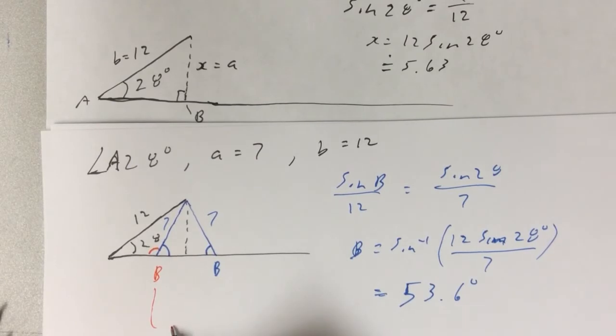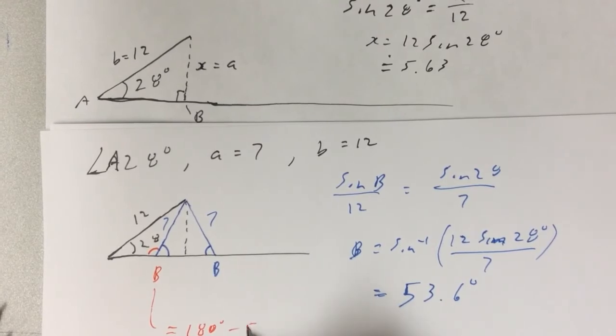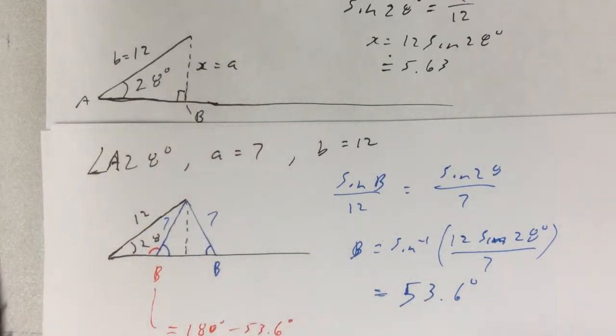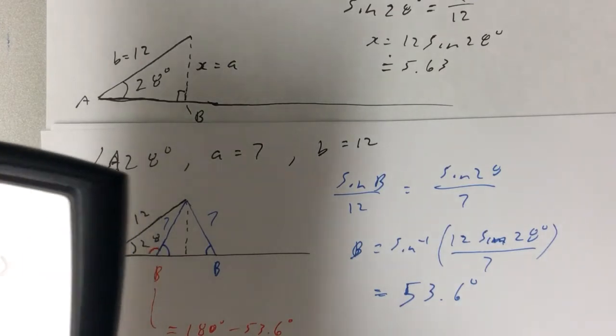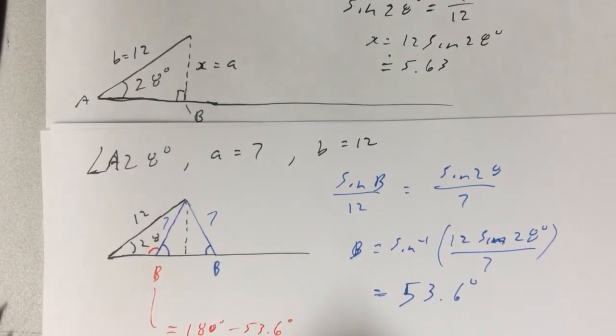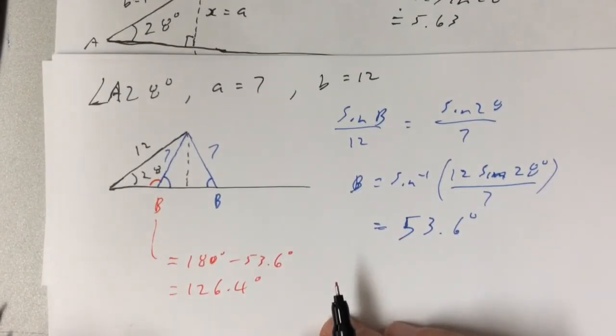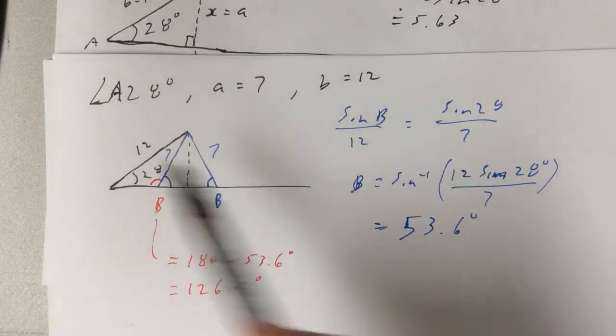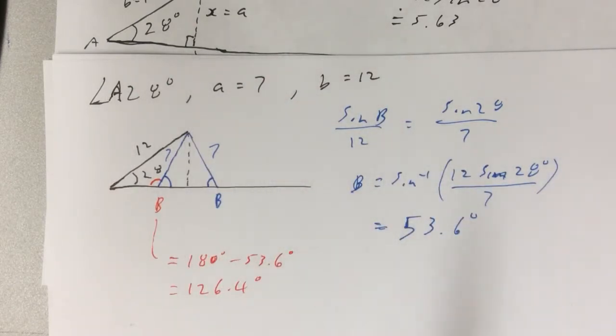That one is going to be equal to 180 minus 53.6 degrees, and that would be 126.4. Okay. So 126.4 degrees would be that one. So we don't know which triangle it is. So in this case, when you're given these three pieces of information, it's an ambiguous case. You can't tell which triangle it is. You have two options. Okay?